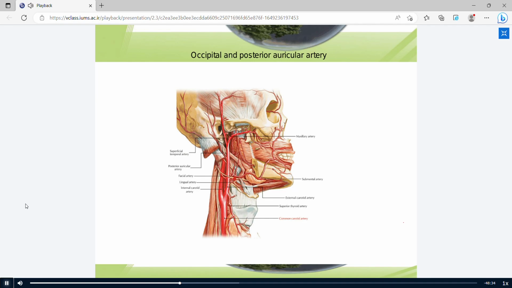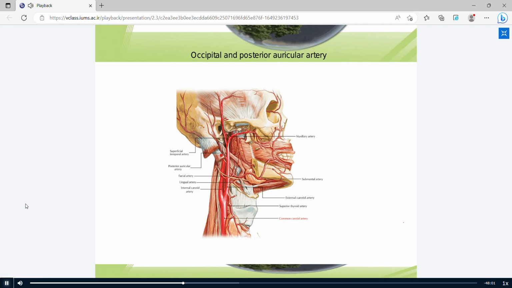Look at the picture. No, it's wrong. Yes, Lubna, positive point for you. Posterior auricular.